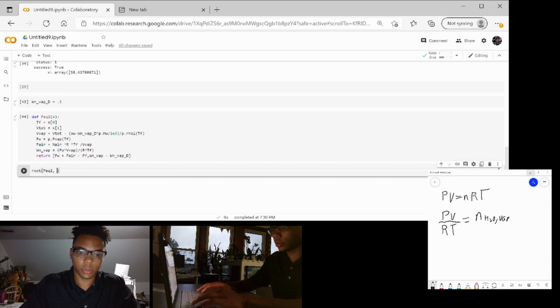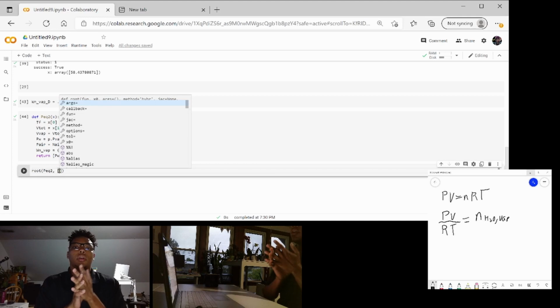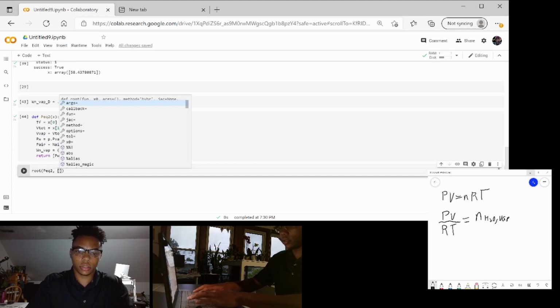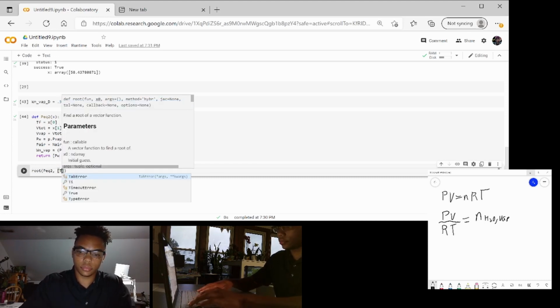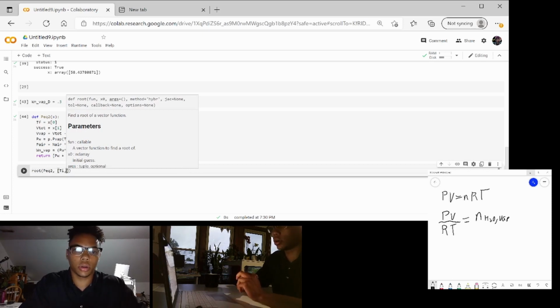PQ2, comma space. And let's see what our initial guess is going to be. We're going to need 2 guesses, so let's start with TI. And for our volume, our last volume was 0.1.